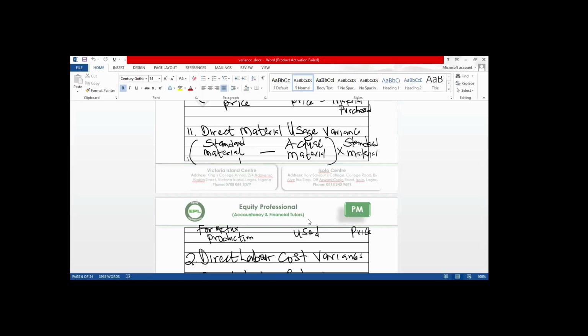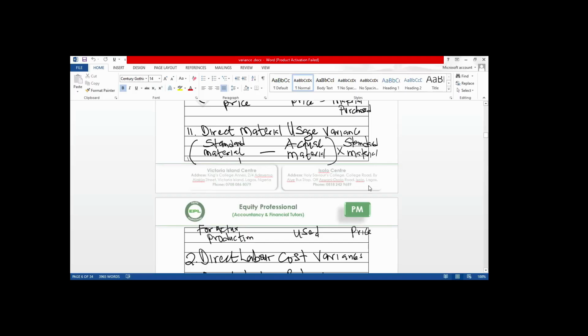We are going to calculate standard material required for actual production minus actual material used for actual production. You now get your difference. Multiply by standard material price.